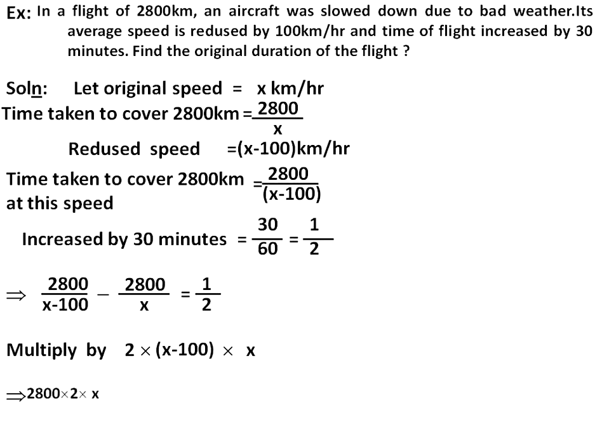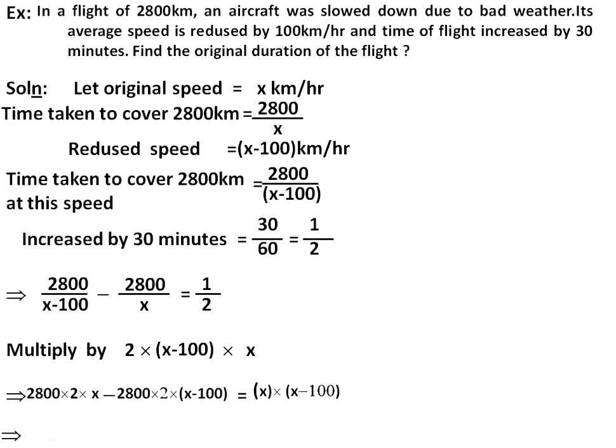We are left with 2800 into 2 into x, and for the second one, x cancels, 2800 into 2 into x minus 100, that is equal to, here 2 cancelled, only x into x minus 100.